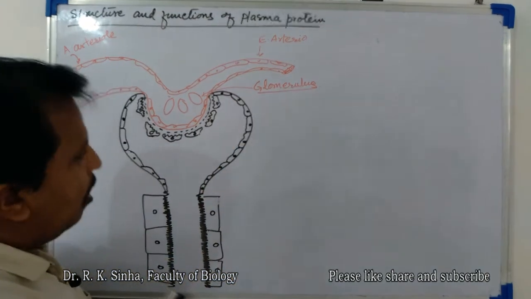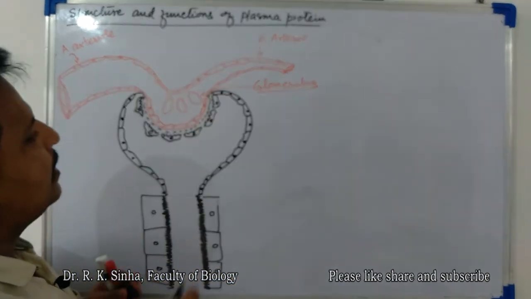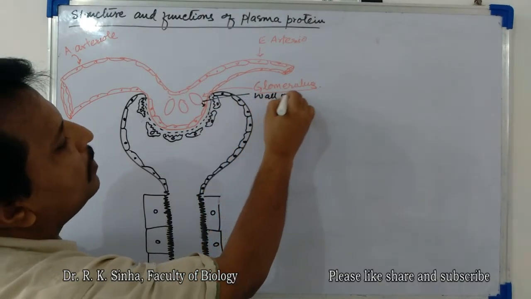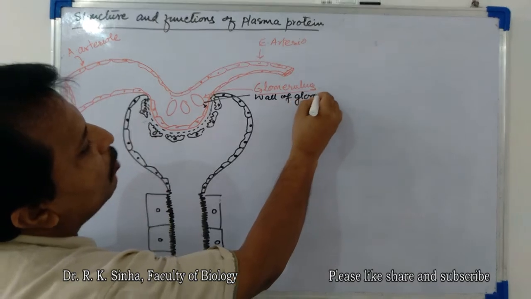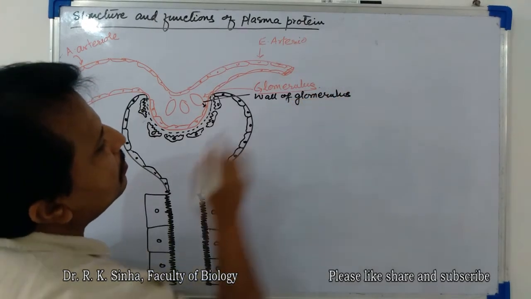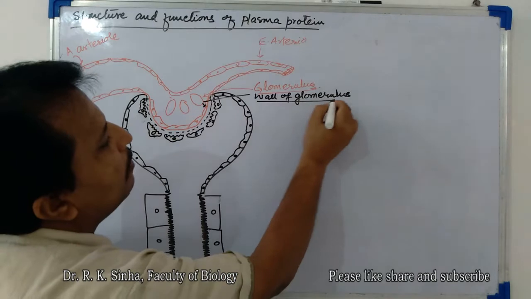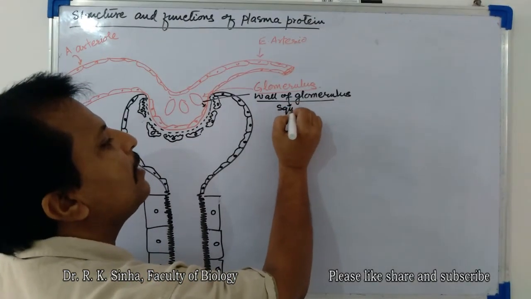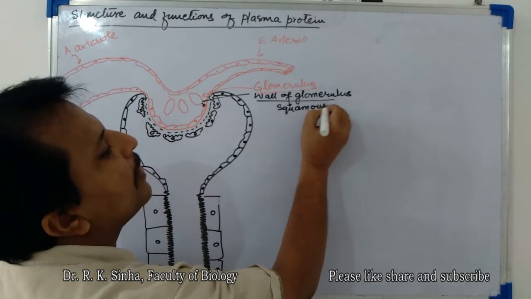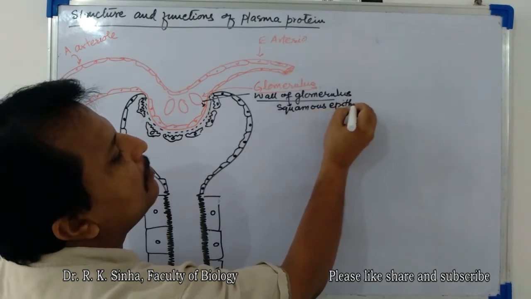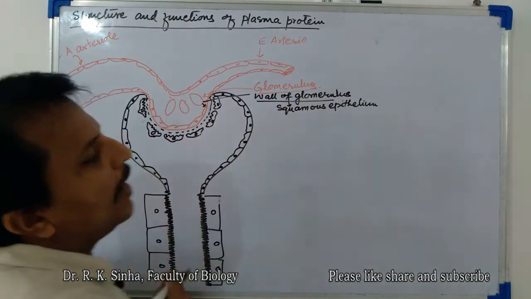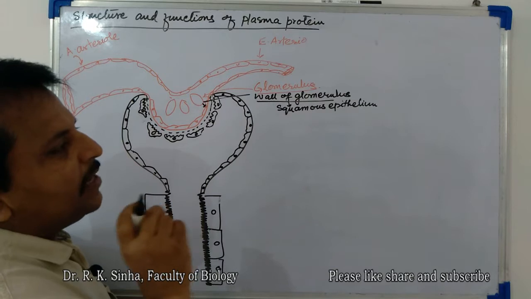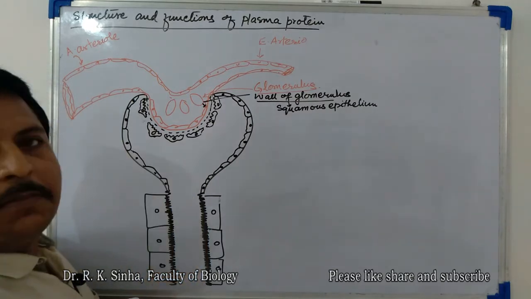This is the wall of the glomerulus, and the wall of the glomerulus is lined with squamous epithelium. But there are some features of this squamous epithelium.